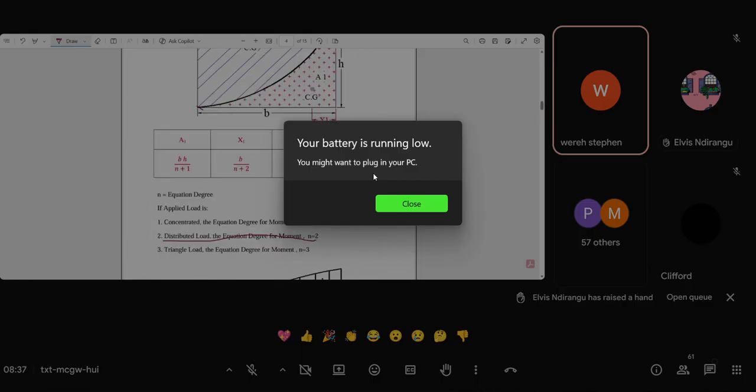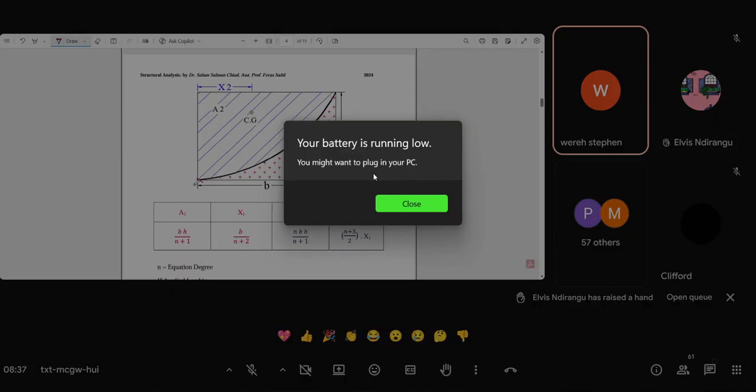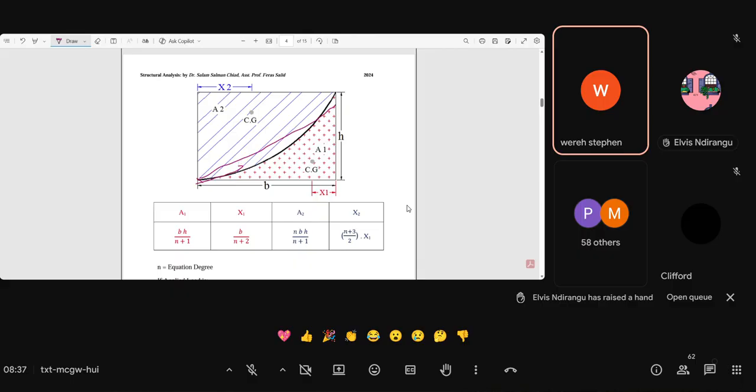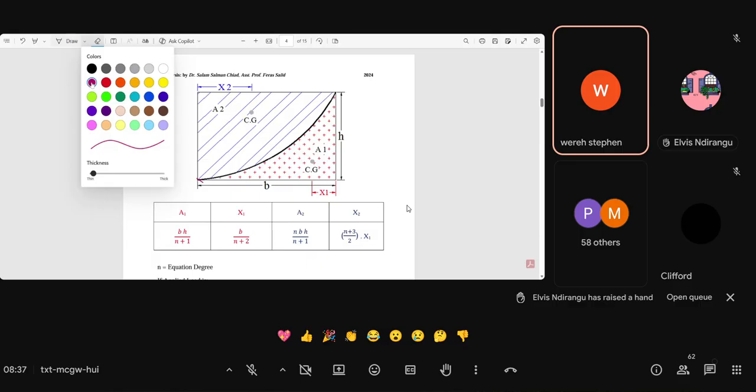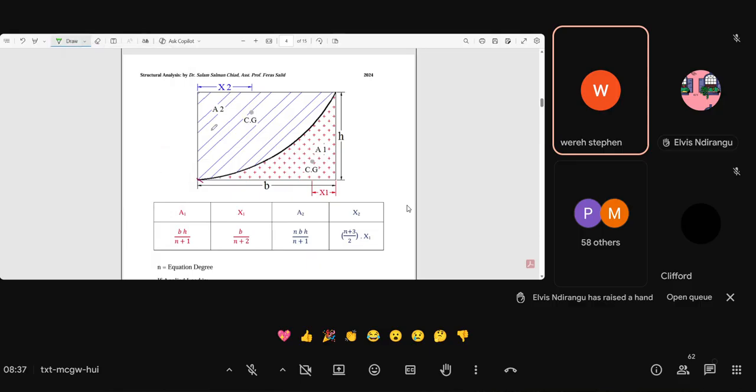You can now come and refer here. Assuming this is a triangular loading, you can use this as our reference point. So n is equal to 1.